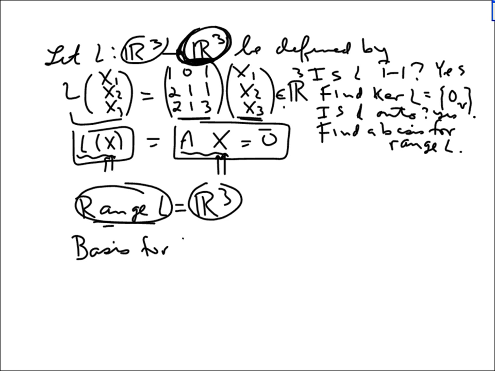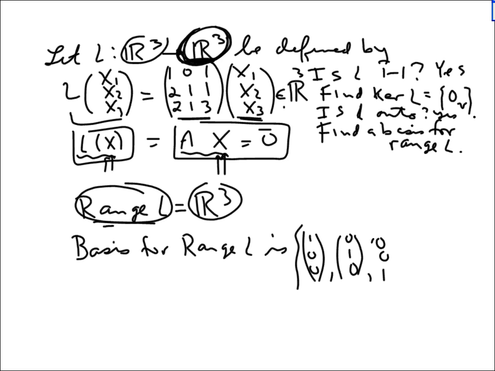A basis for R3 is 1, 0, 0. The natural basis is 0, 1, 0, 0, 0, 1. Have to have a very strong command on those two horizontal lines.